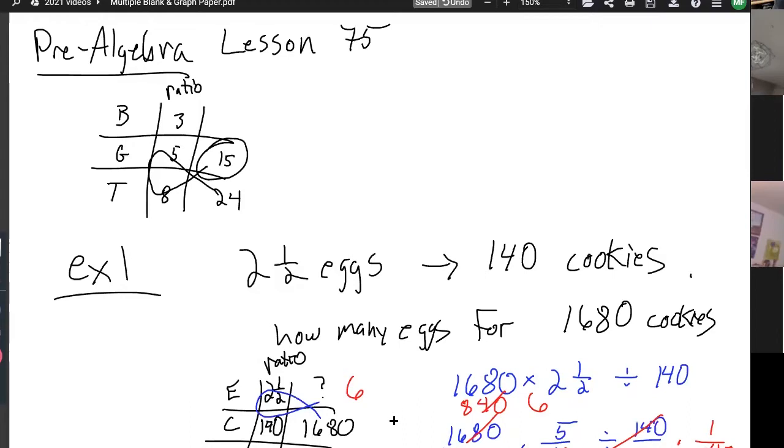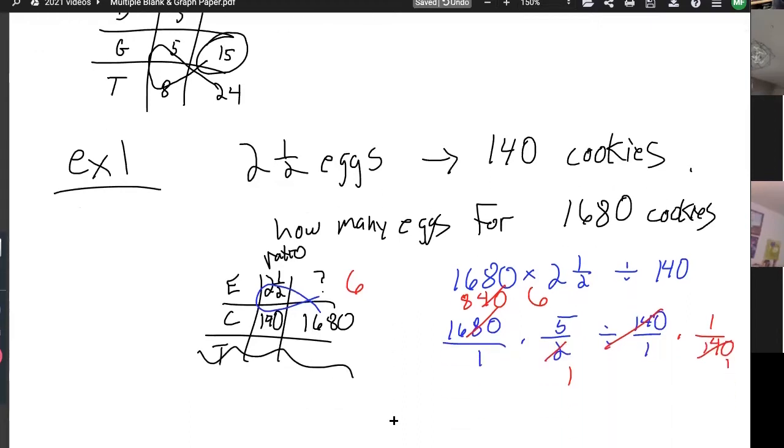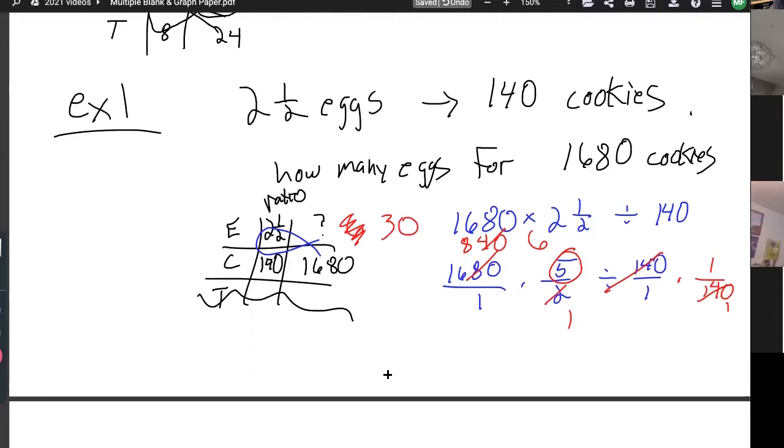Did we do it? So 140 cookies. Did we write that down right? Yeah, that's right. So 5 halves. Oh, we forgot to multiply by 5. Yeah, that 5 there. So 6 times 5 is 30. So 30 eggs. That makes sense. 2.5 eggs for 140 cookies. How many? 30 eggs. So all we did was fish method that.